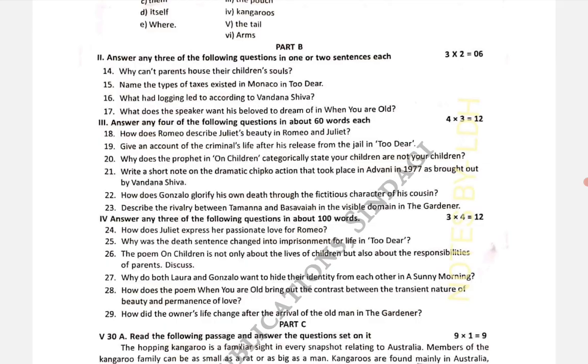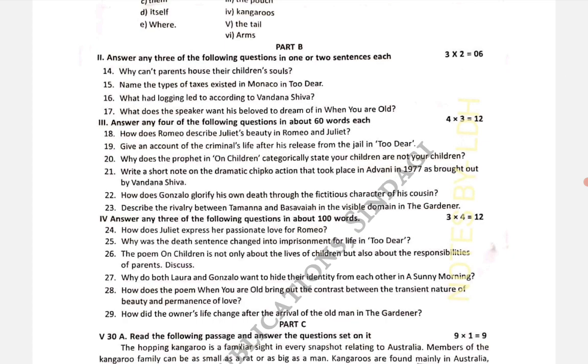So write that for 2 marks. Like this you have to answer at least 3 questions from this section. You will have at least 2 poems in this, so 2 questions will be there from the poem section.